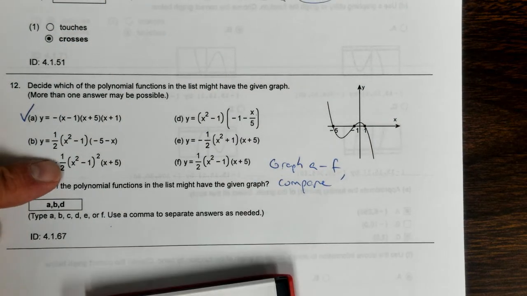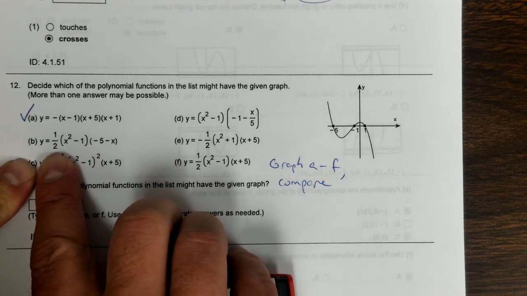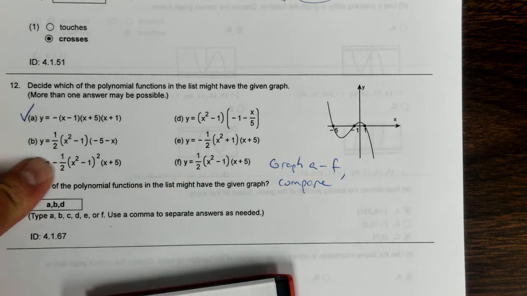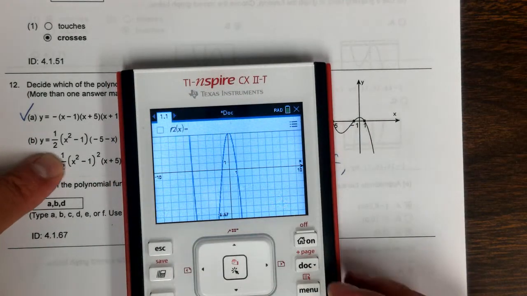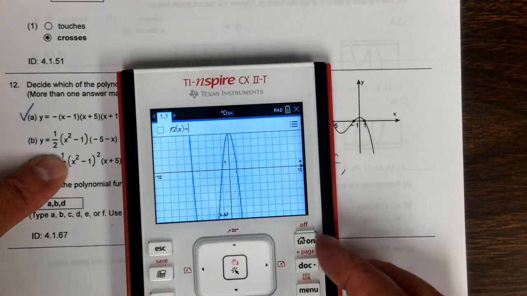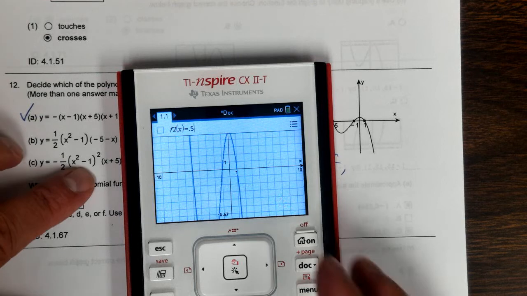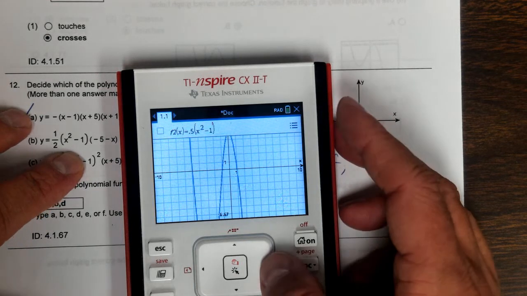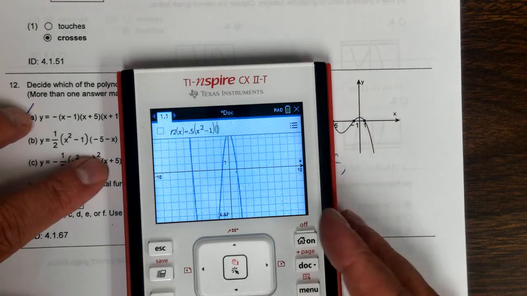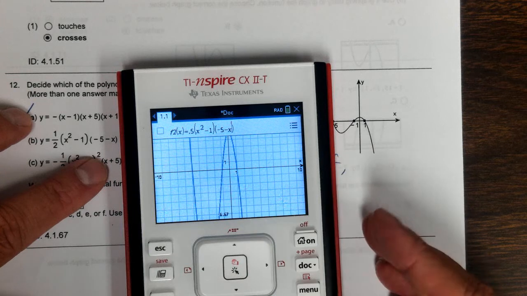If we go to B, now that looks weird, looks suspect, because it has a half, but it might actually work out. So let's go to F2. I am going to put 0.5 instead of 1/2. It's just a personal preference. And then x squared minus 1, and then negative 5 minus x. Let's see what happens.